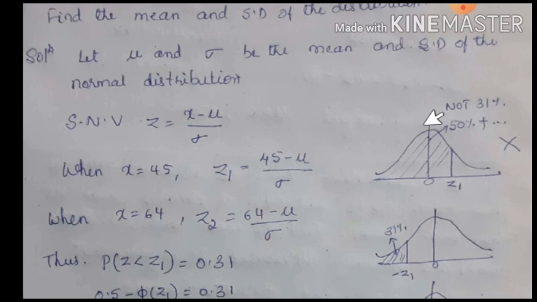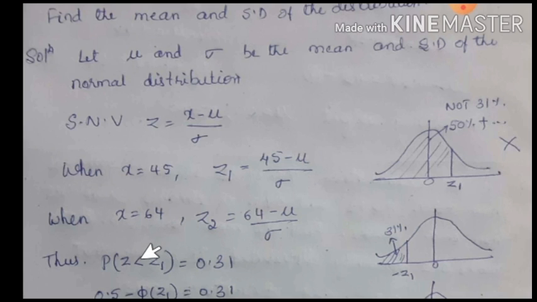In the graph, I don't know where it will come. Does it come on the left side of the z equal to 0 line or the right side? For example, if I take z1 on the right side of the 0 line, it has to satisfy the condition that the area is 31%.